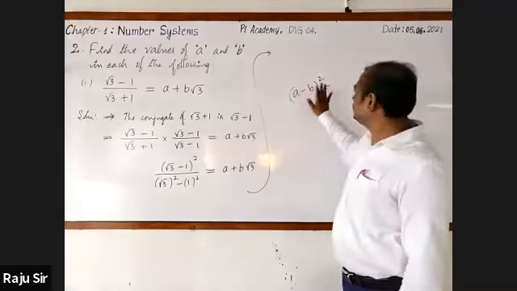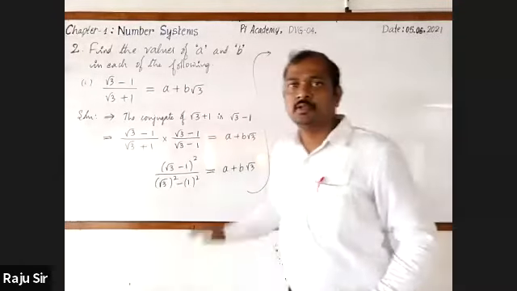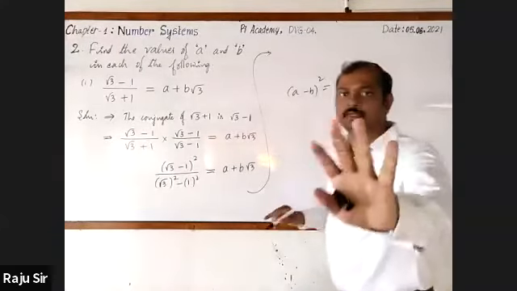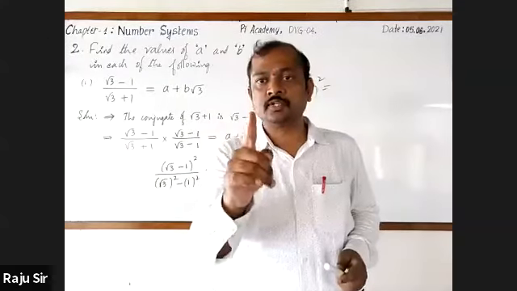It should be expanded. Sir, (a minus b) whole square. This is the minus identity. I'm giving a chance. Sir, a square minus b square minus 2ab. Vinandan, you have to sit quiet.